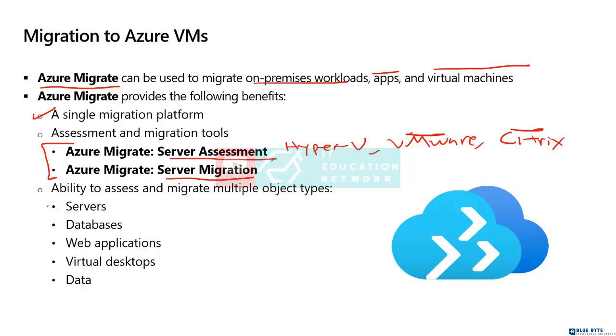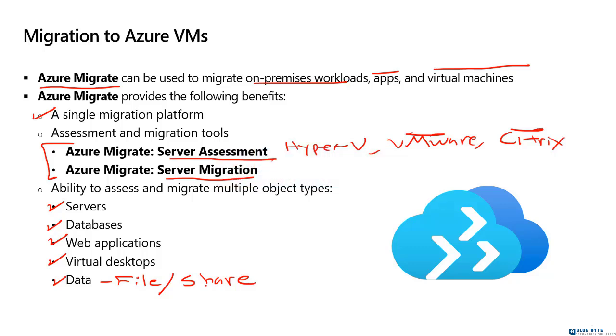Now, this can work with server operating systems, various types of databases, web apps, virtual desktops, if we're using any type of virtual desktop infrastructure. That could be VMware, Citrix, and even data, like file servers. Or maybe not even entire file servers, maybe just like a share on a file server. We can have all that content completely migrated over.